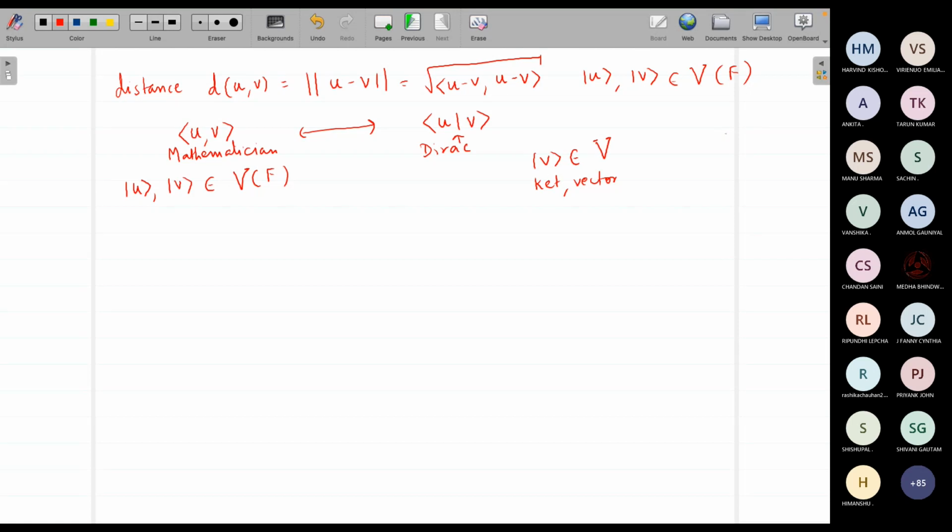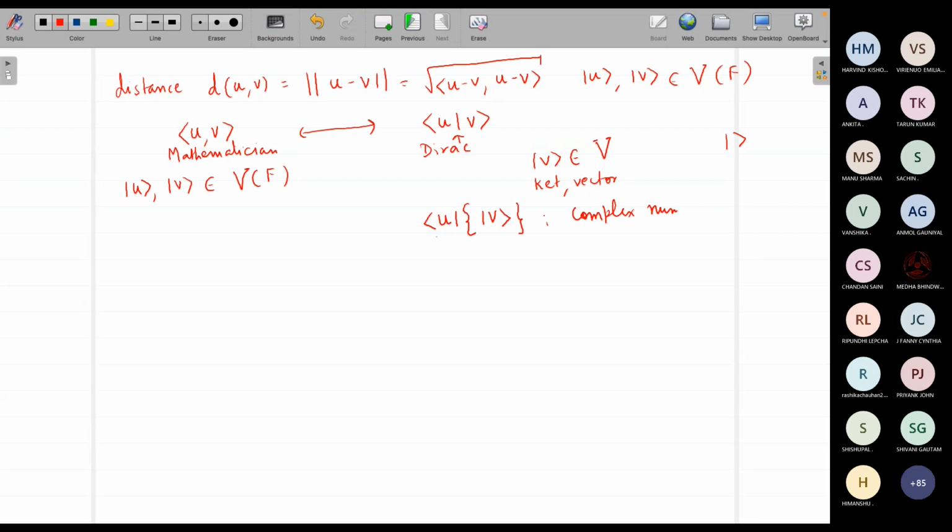What Dirac does further is that when you apply something like this, it is no longer a vector in the same space. What it says is that I can apply this kind of structure from the left on this vector, or the ket, and the resultant is a complex number.